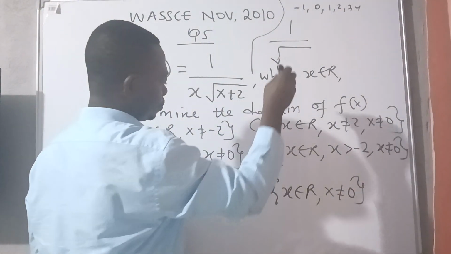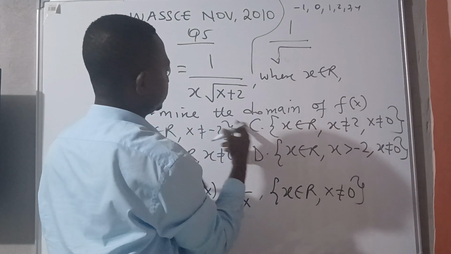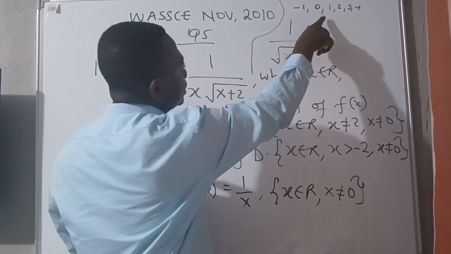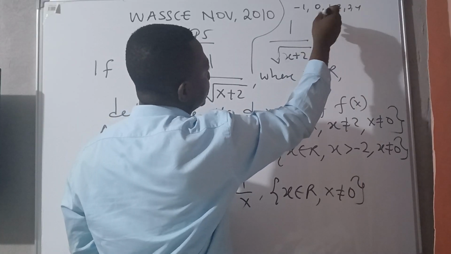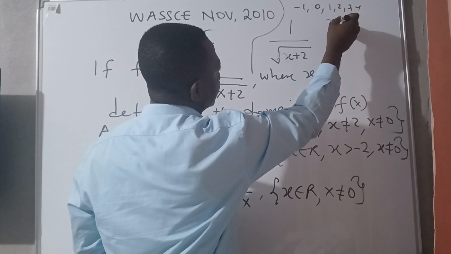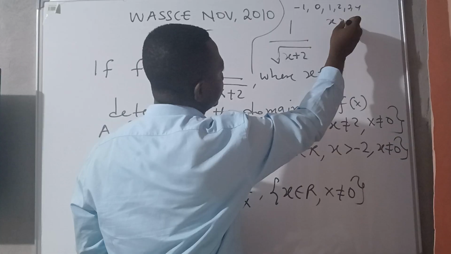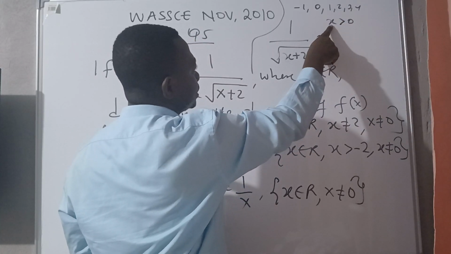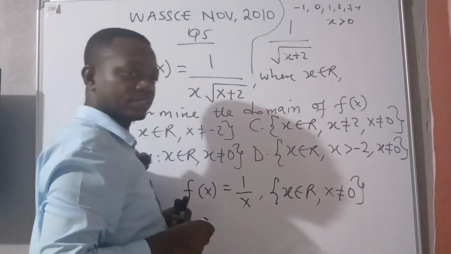Okay. So we have x plus 2 here. So taking values from 1 up to infinity, the range, this is how it's supposed to be. X should be greater than 0. X is greater than 0 means x is taking values from 1 up to infinity.